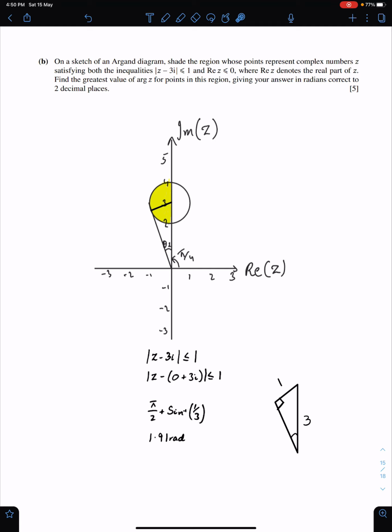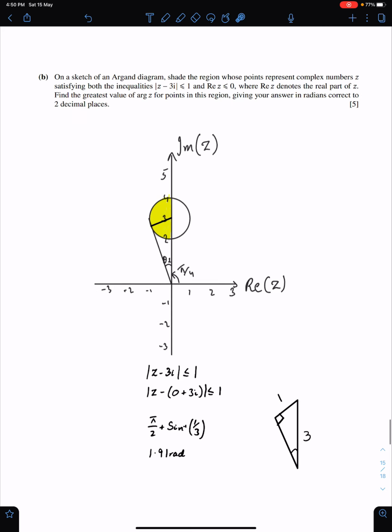Let me check this. This is the real part of z. The real part means x, so x means this line. This is the imaginary part of z. Real part of z, meaning x, yes, exactly.